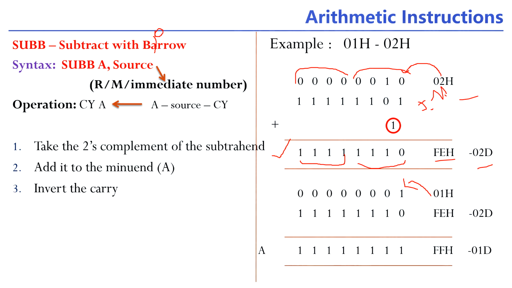That's why this number is called a negative number, right? So this is FF, right? Now we can solve here, you can see this is the thing, right?